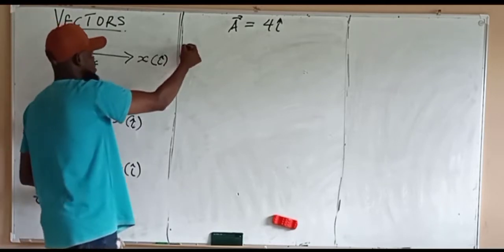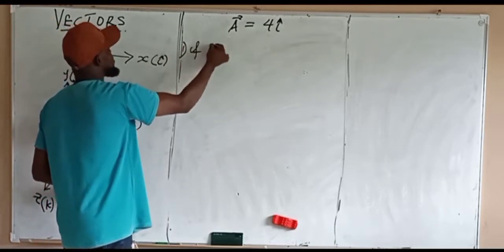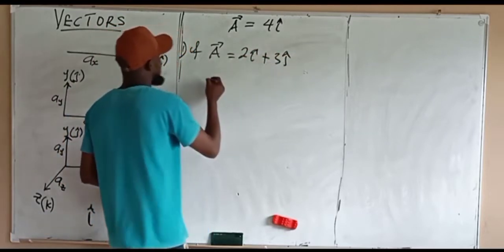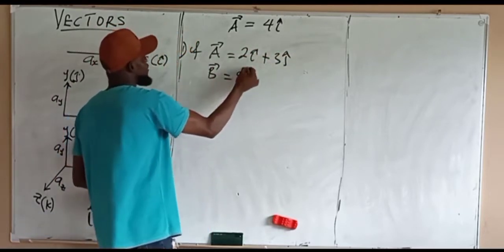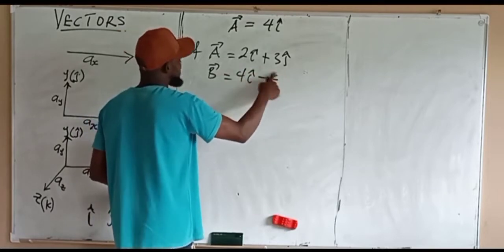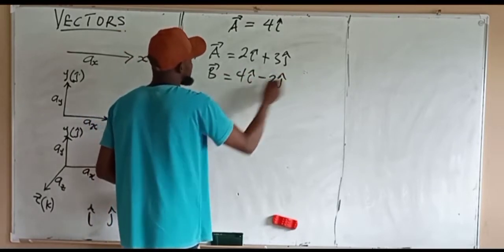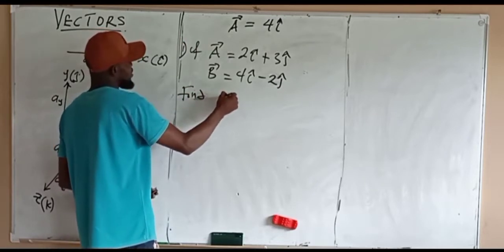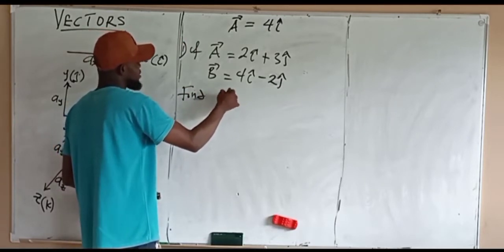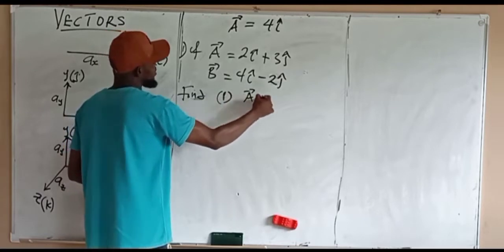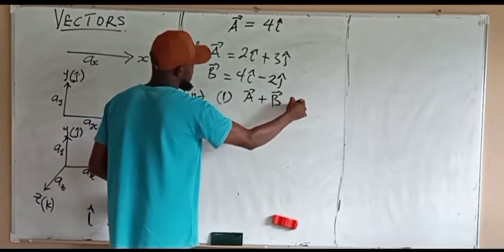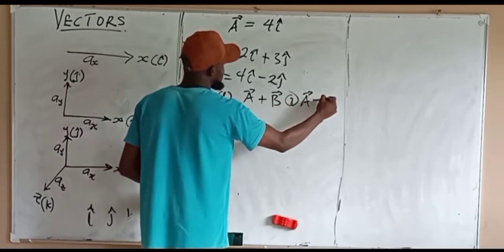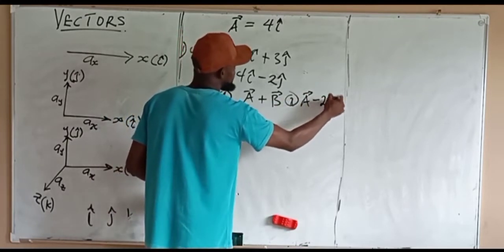So let's take the question. Question 1. If vector A is equal to 2I plus 3J, and vector B is equal to 4I minus 2J, find number 1, vector A plus vector B, and number 2, vector A minus 2B.